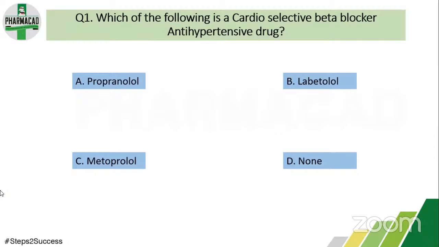To begin with, which of the following drugs is a selective beta blocker antihypertensive drug? When you see the classification of beta blockers, the answer here would be metoprolol. Why?